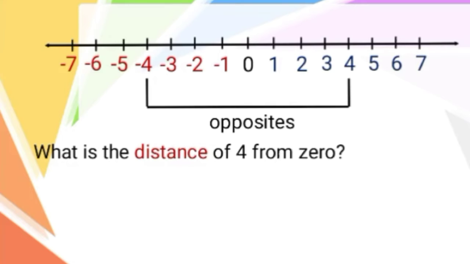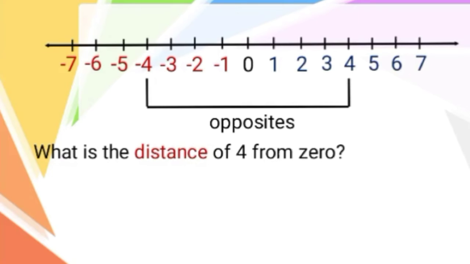Next, again, I have 0, positive integers, and negative integers. Now, what is the distance of positive 4 from 0? So, paano natin kukunin ang distance? Pag sinabi nating absolute value, that is referring to the distance of a number and 0. Gaano kalayo sila sa isa't isa?